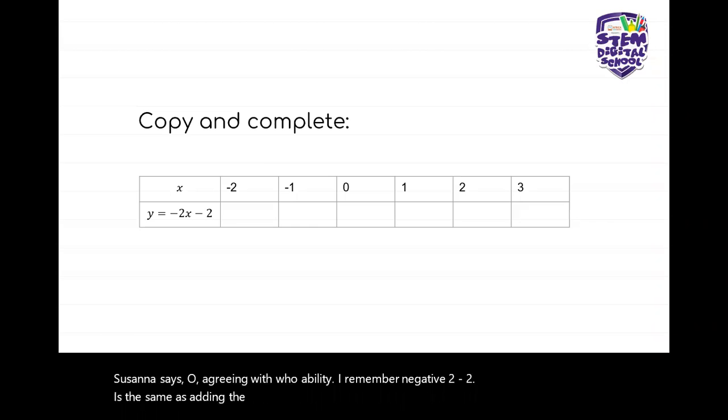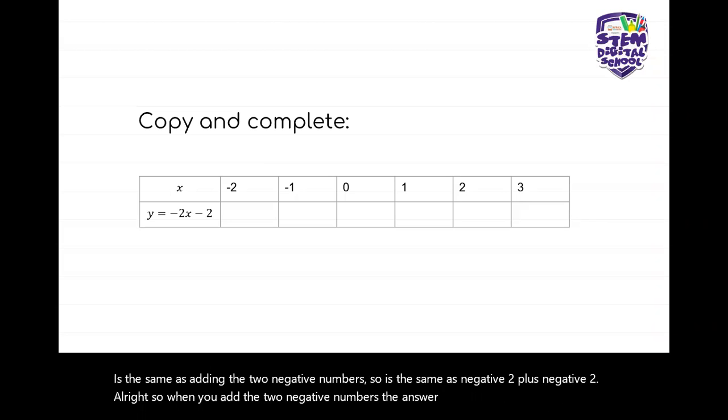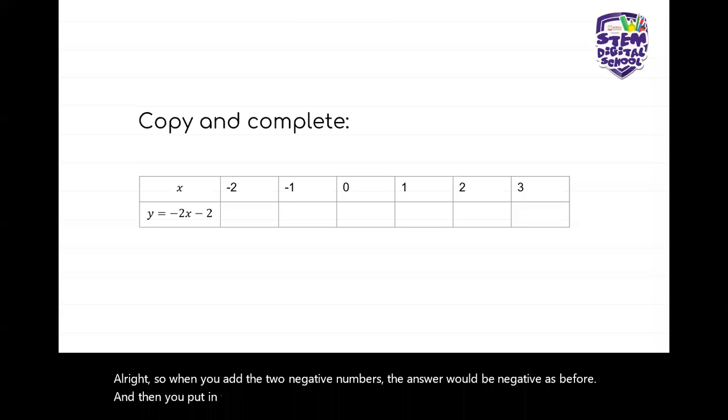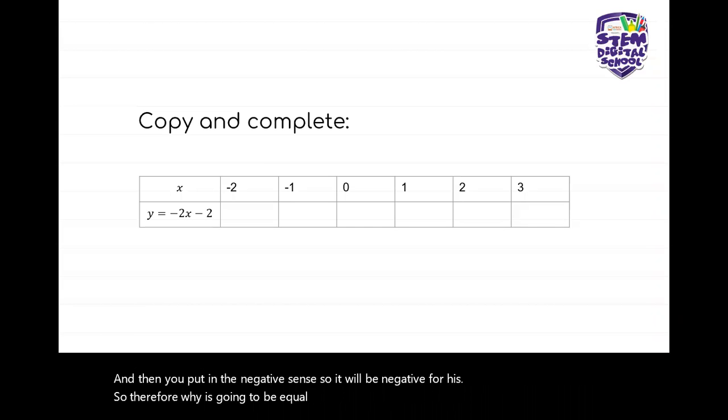So it's the same as -2 plus -2. All right. So when you add the two negative numbers, the answer will be negative. I see Nolwazi also says it will be 4, and then you put in the negative sign. So it will be -4, yes. So therefore, y is going to be equal to -4.